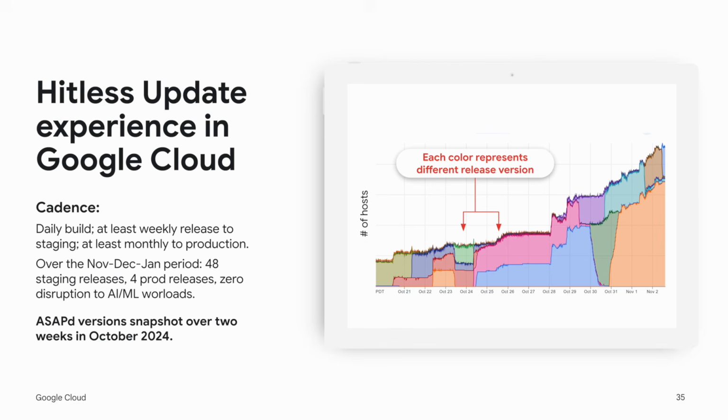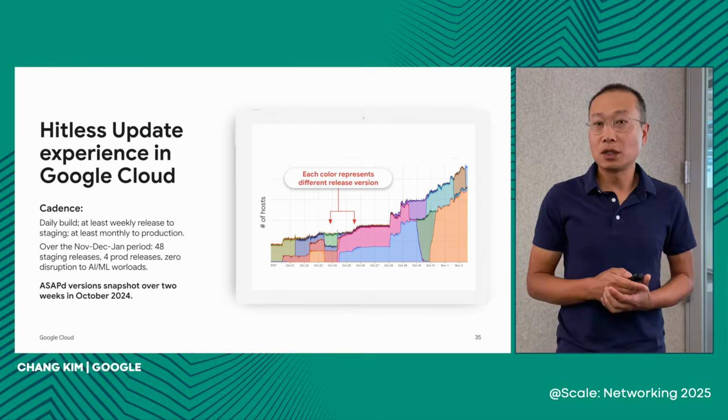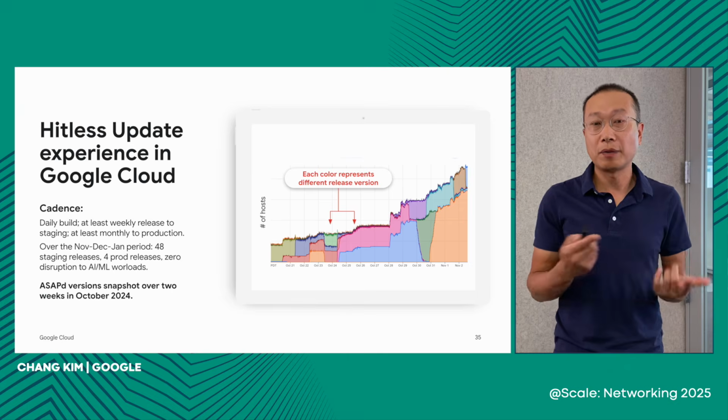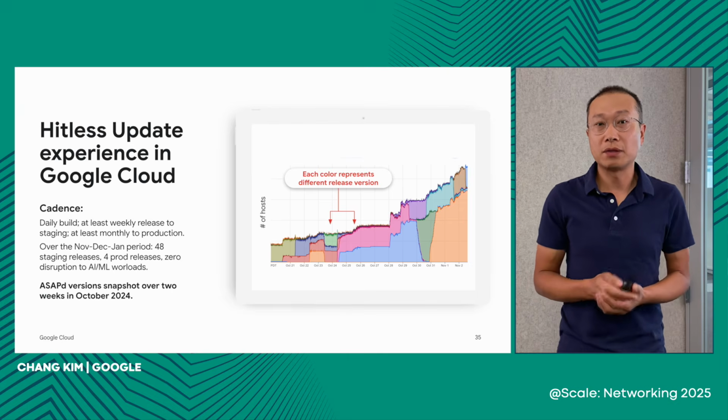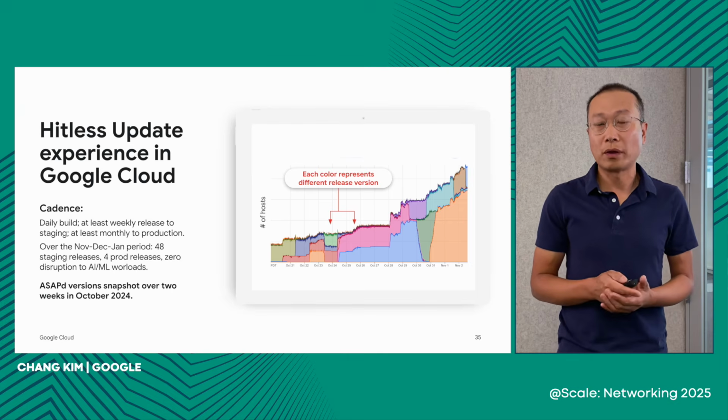So different colors here represent different release versions. As you can see, the total number of hosts running this stack has been increasing smoothly, and the transition has also been very smooth without any hits. So this confirms that this hitless capability of ASAP-D has been serving us very well, especially with ML workloads.